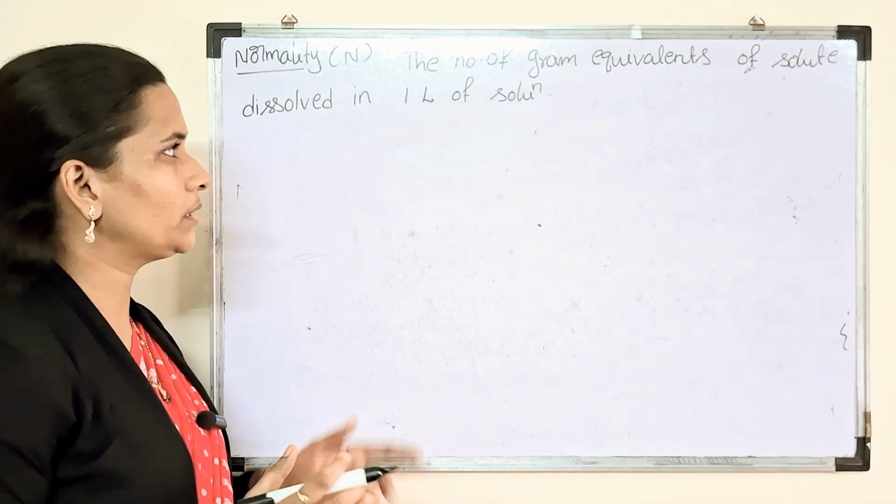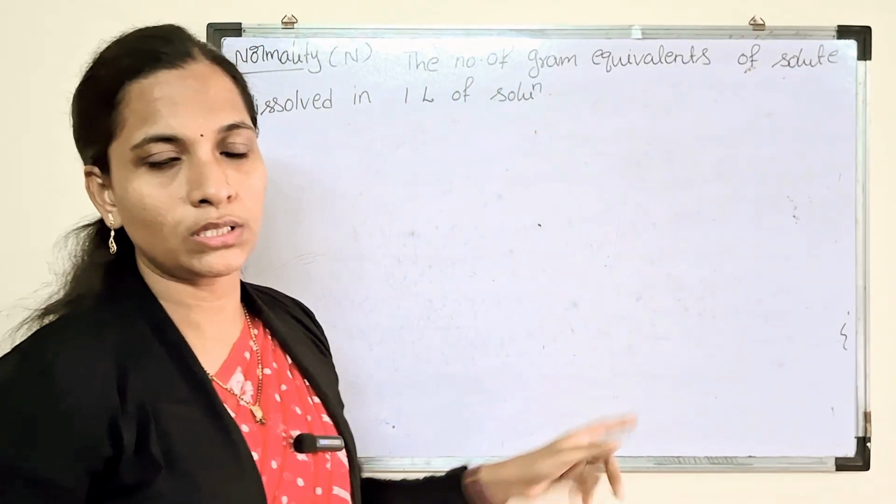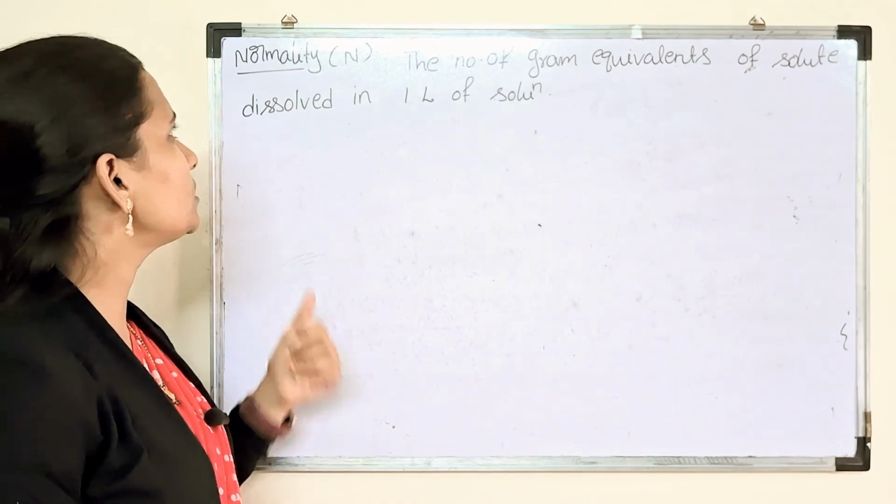If you are taking 1 liter of solution, then how many gram equivalents of solute are present in the 1 liter of solution? That is known as normality.